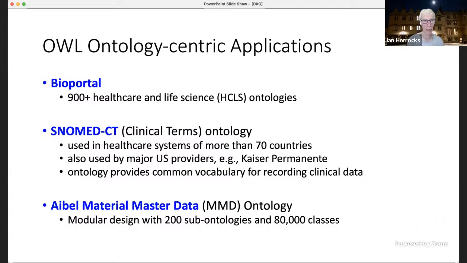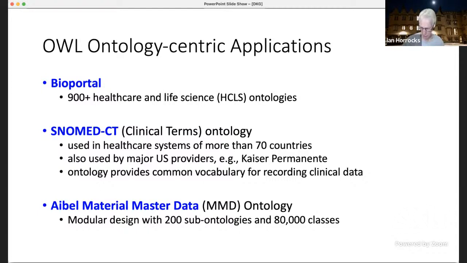For example, this third one I mentioned here, where they use an OWL ontology to basically develop a large structured catalog of components that they use in building complex physical infrastructure, such as oil platforms and the like.